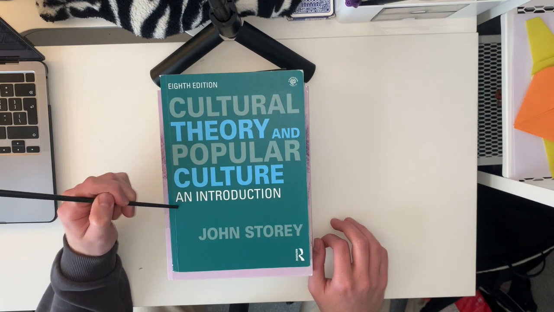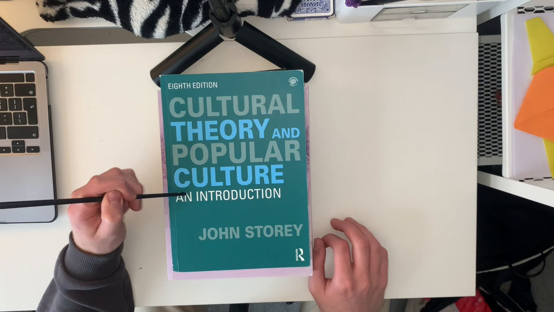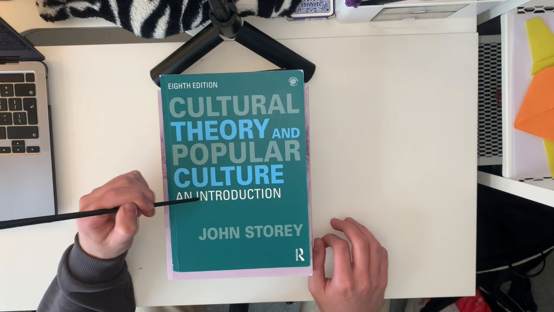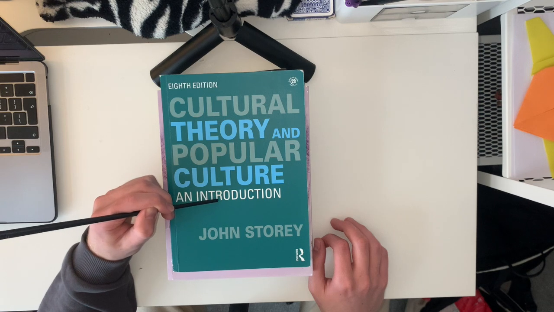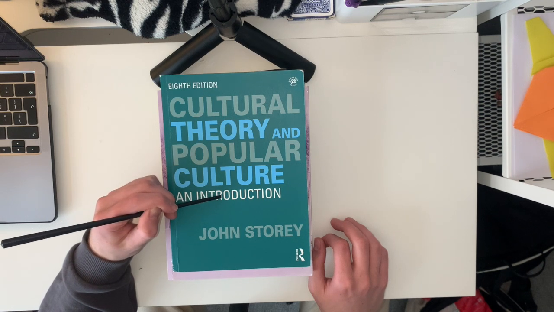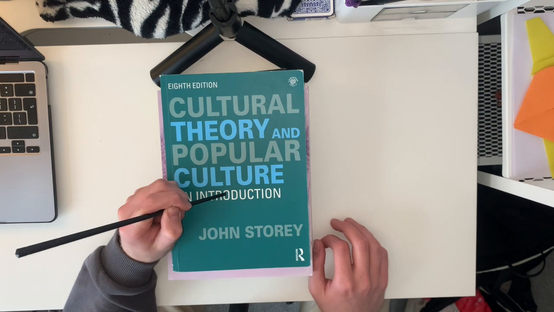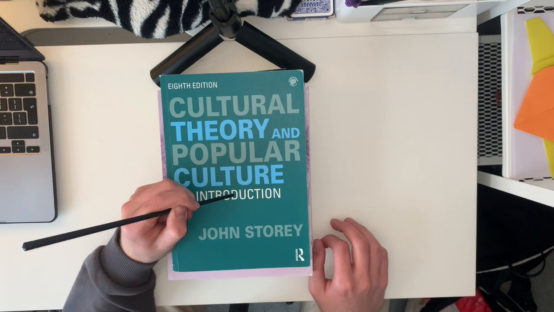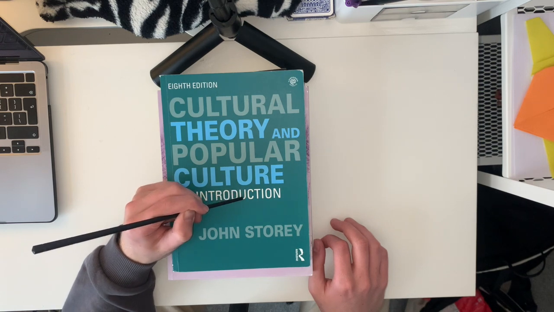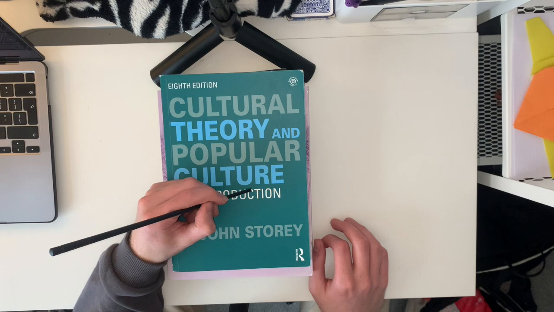The first book we've got, and this is probably the one that I actually read the most, is Cultural Theory and Popular Culture, An Introduction by John Storey. And this was used in my first module on musicology.